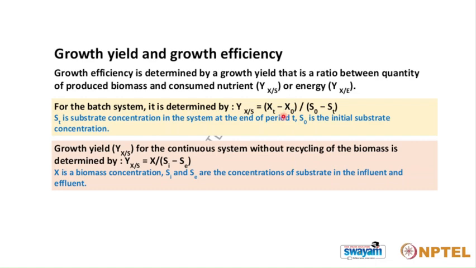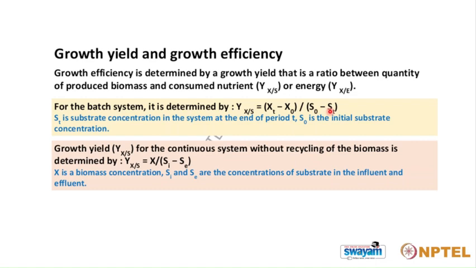Xt minus x naught will give the amount of biomass generated at a particular time, whereas S naught minus St will give the amount of substrate consumed. So this will give us the yield: how much substrate is consumed and how much biomass is produced.